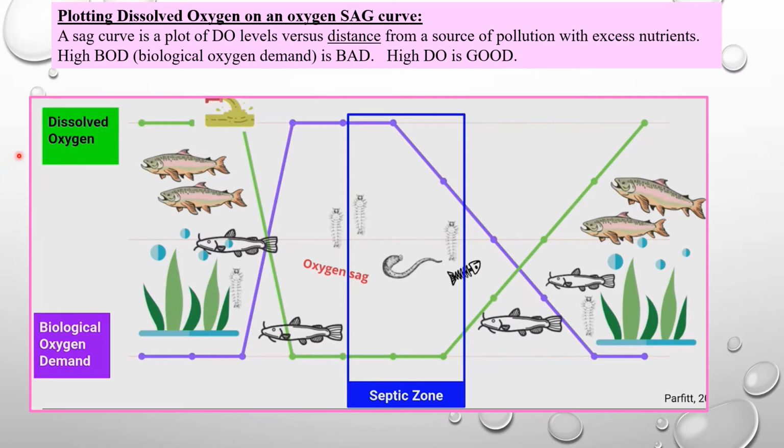So let's assume that effluent or runoff has put excessive amounts of nutrients in the water right here. Well, those nutrients immediately start traveling downstream. The nutrients are going downstream, and we're going to see a buildup.